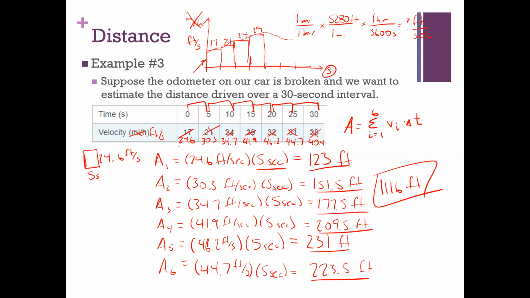So basically, I want to take a speed for all of my intervals from 1 to 6 and multiply that speed by change in time, a constant 5 seconds. So yeah, that's what we did.